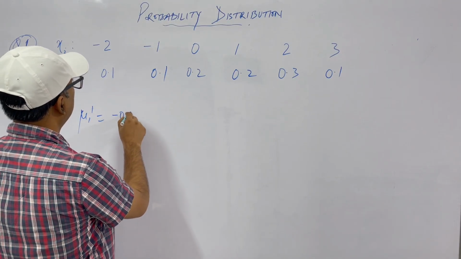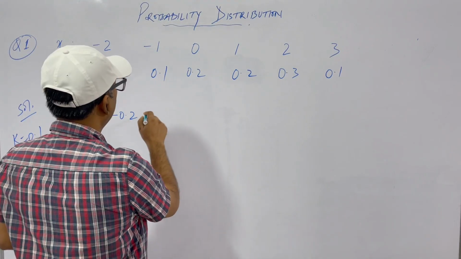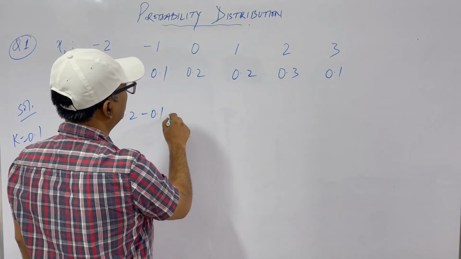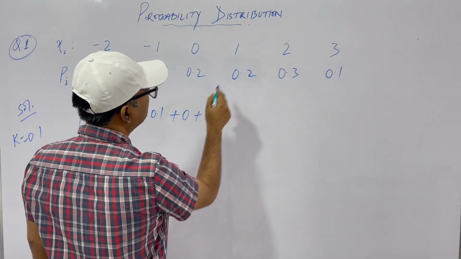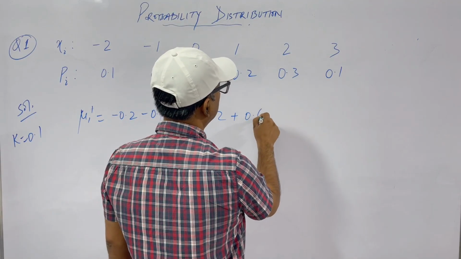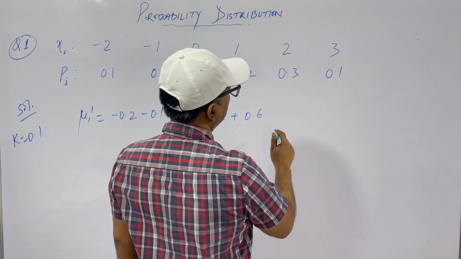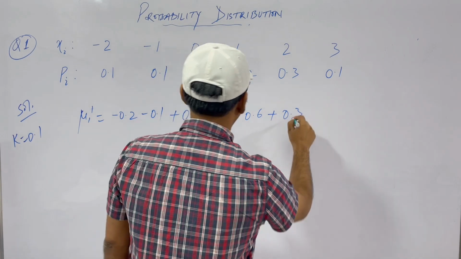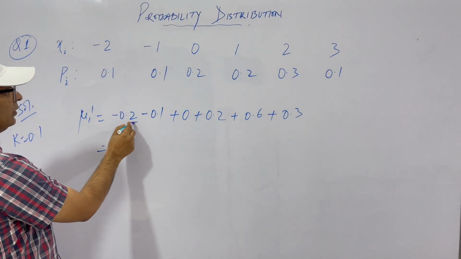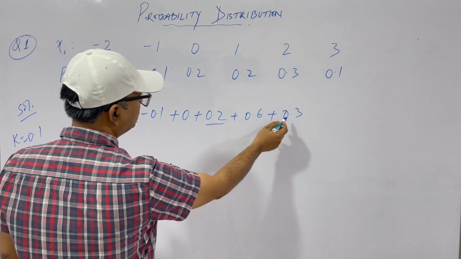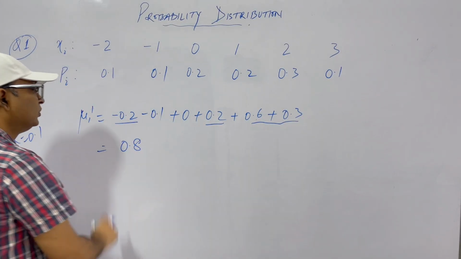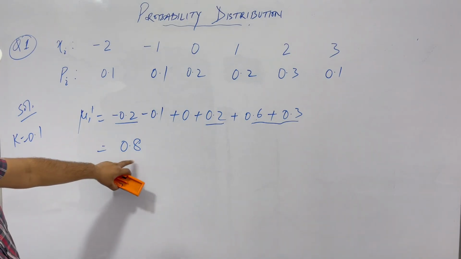So this is minus 0.2, minus 0.1. This is 0, this is 0.2, this is 0.6, and this is 0.3. So what we get? This and this cancel. This is 0.6, 0.3, 0.9 minus 0.1, that is 0.8. So our mean is 0.8.